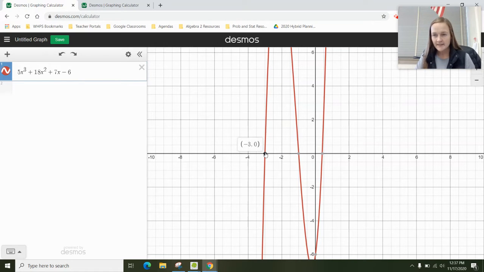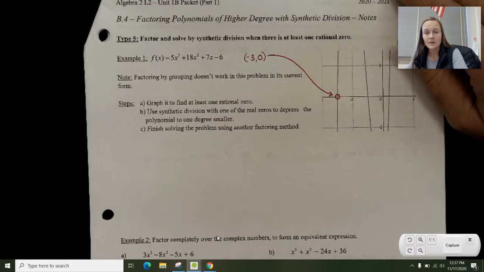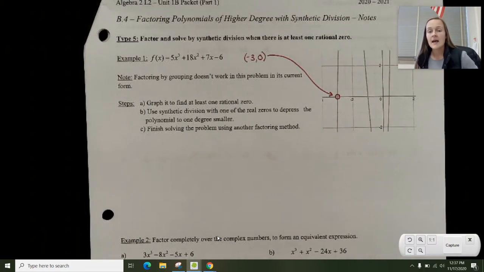So in order to find these zeros using Desmos, you're basically just looking at where they cross the x-axis, but you have to plug it in properly into the calculator. So I'm going to go back to my page and start to do my work. So I know that a zero is at (-3, 0).